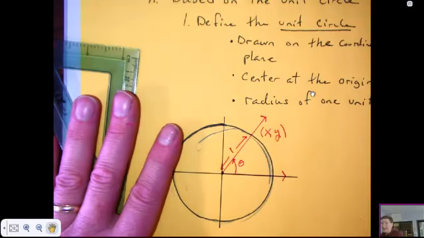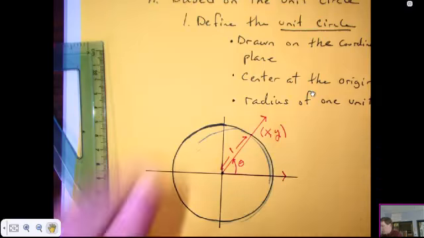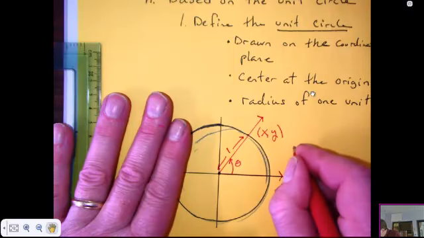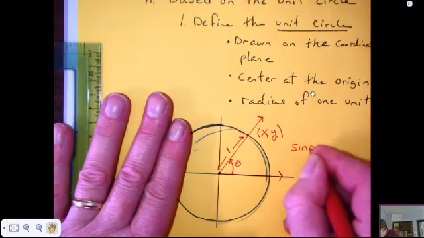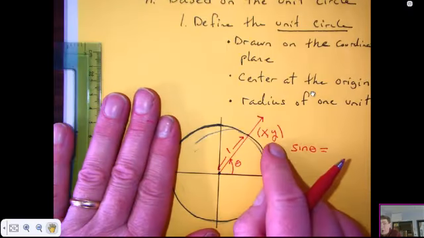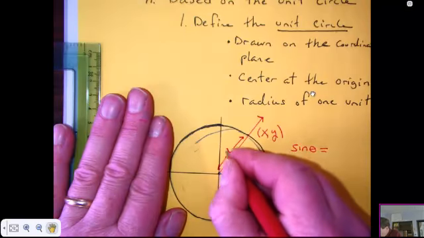Now, if we base this just on our first definition of the coordinate plane, what would be the sine of theta equal to? Sine is y over r, but what is r in this case? That's a 1, right?